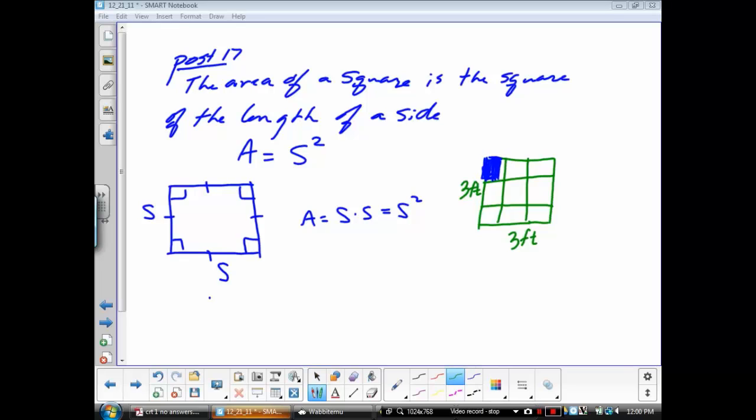So the area is 3 feet times 3 feet, which is equal to 9 square feet. And you write that as feet with the exponent of 2, or you can write it as 9 square feet.